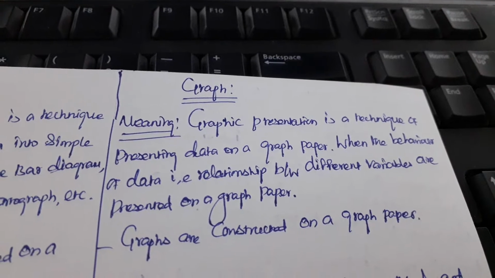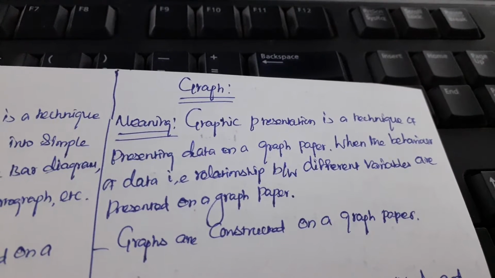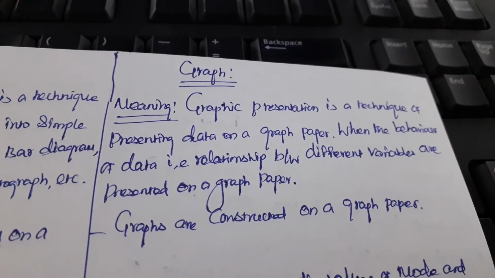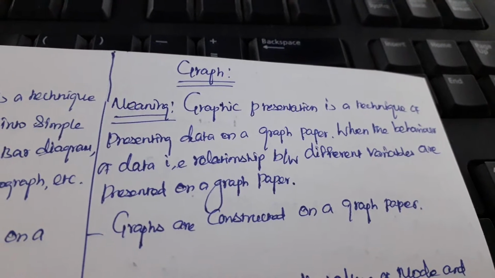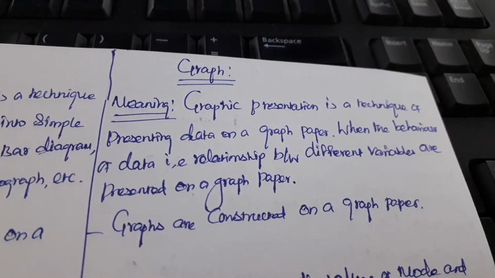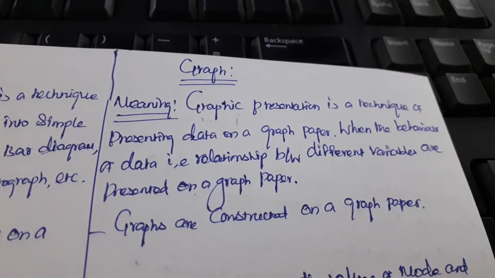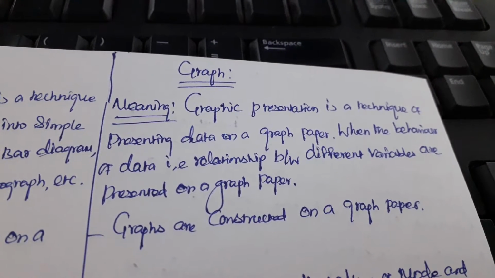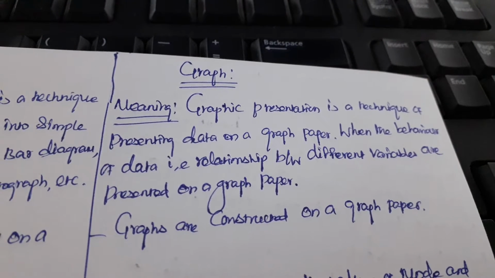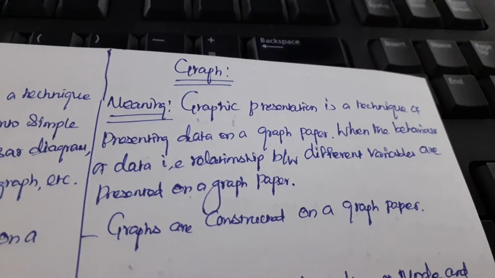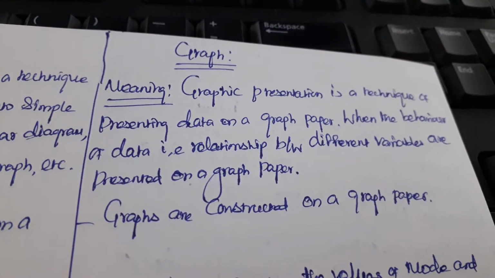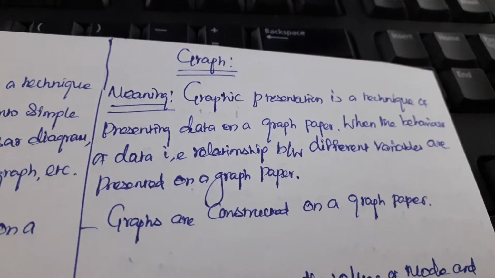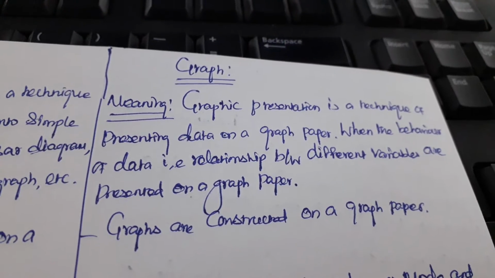To draw a diagram, we need a plain paper, whereas to draw data on a graph paper, that technique is called graphic presentation. Here we will show the relationship between two variables on the graph paper.